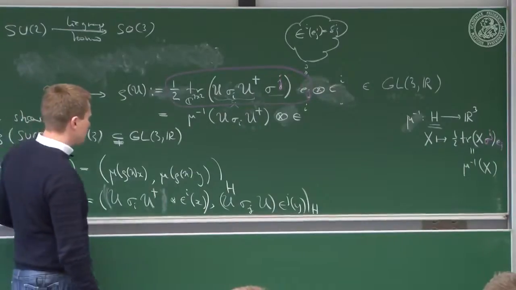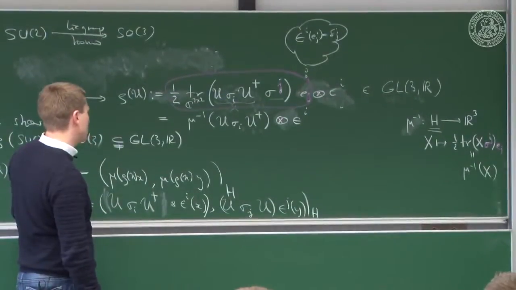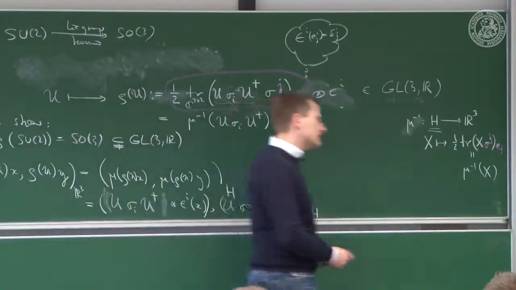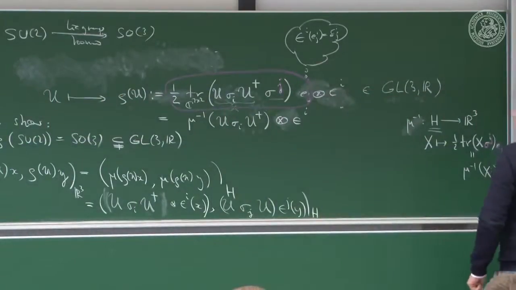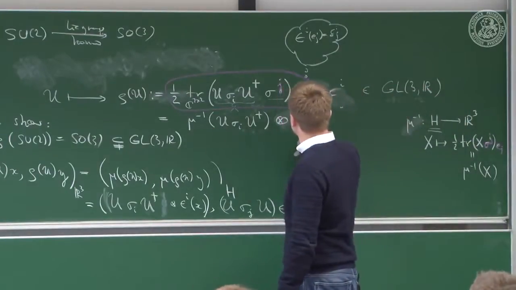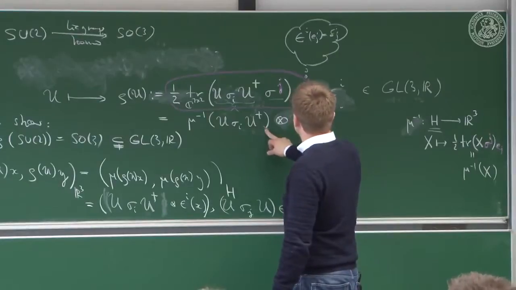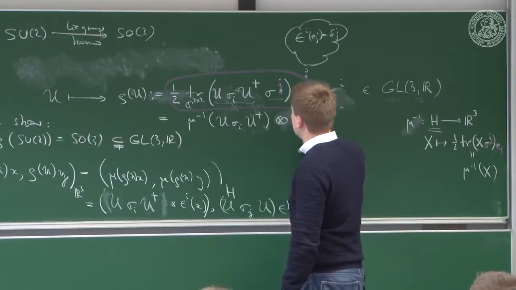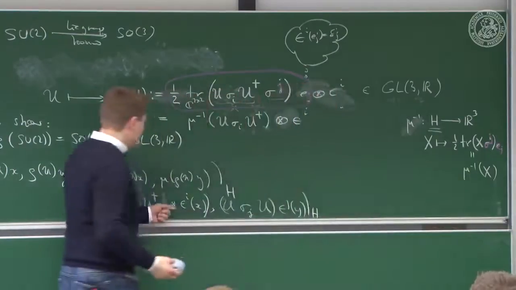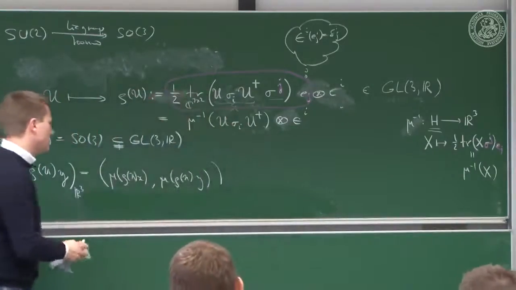I just don't think it acts on there. Okay, let's write it. You say it's true that this is the mu inverse of this and then tensored with this. And so this makes sense because this is an element of H. Now this is this map here. Okay, you're right. Let's do it properly, but it all seems to be fine.